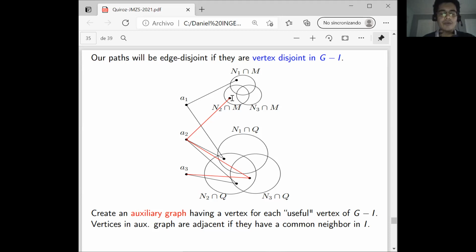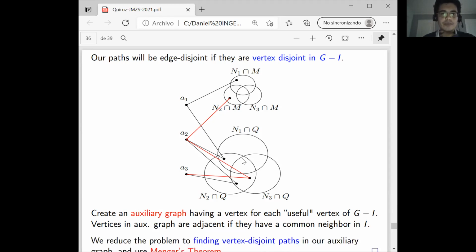And they will be joined by an edge if they have a common neighbor in I. So for instance, this vertex here and this vertex here have a common neighbor, which is A2, so they will be joined by an edge.